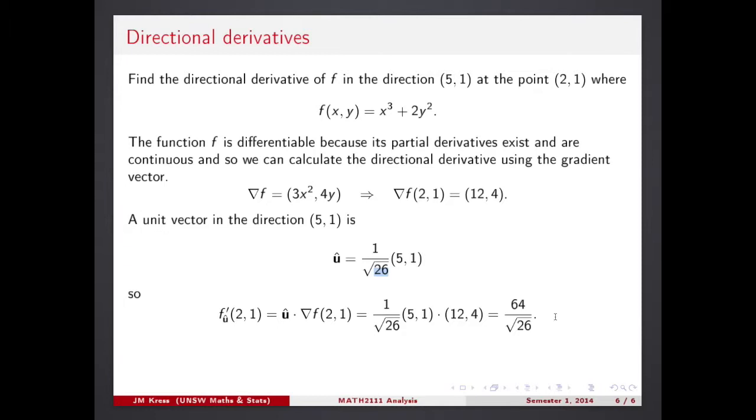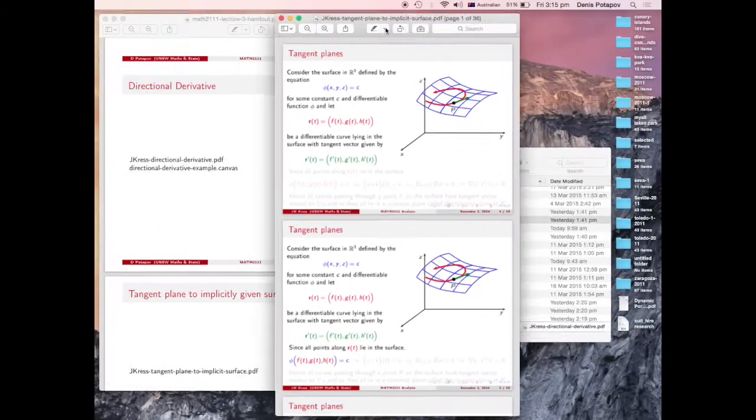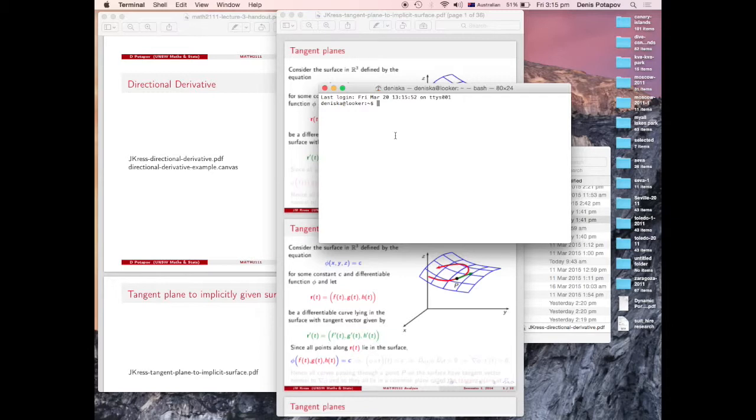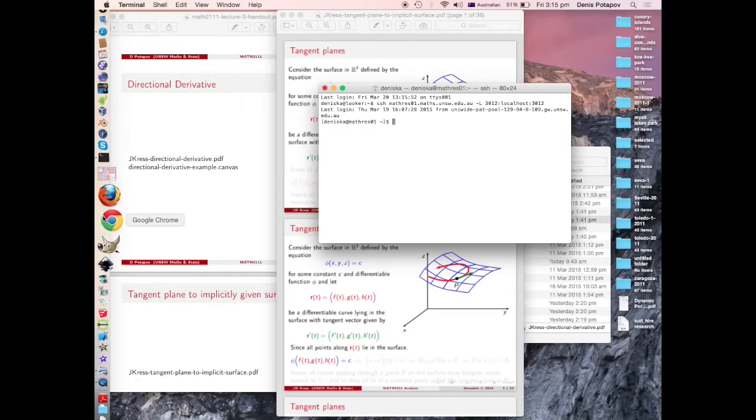I like this example for another reason as well, because it has some connections with first year linear algebra, and I want to show you that. I have to go to my other slides, and I realized I didn't set that up because I forgot about this. I just remembered this example just now, so I'll take a few seconds to set that up. Let's go back to the desktop. I need the terminal to set this up.